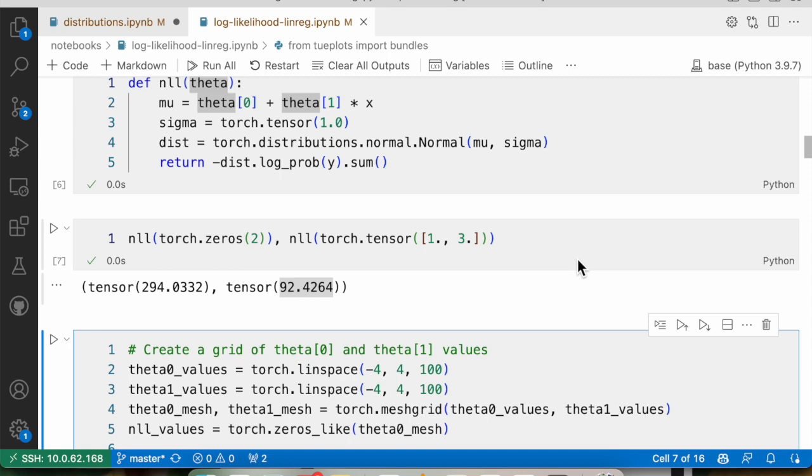Now, let's say that instead of using linear regression, I was using a neural network, right? Instead of linear regression, for the same data set, I was using a complicated MLP. What would change in this function? How would I need to change this function or the loss function if instead of linear regression, I were using a neural network?